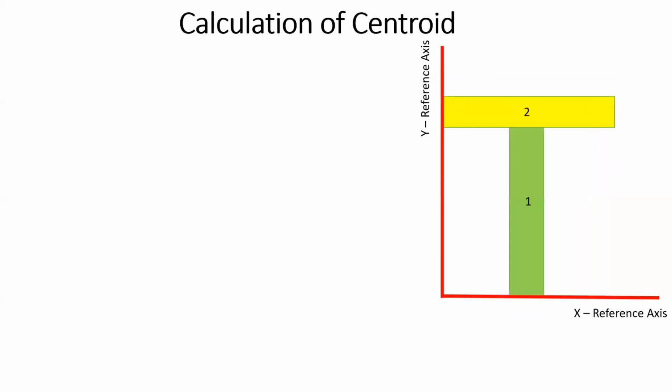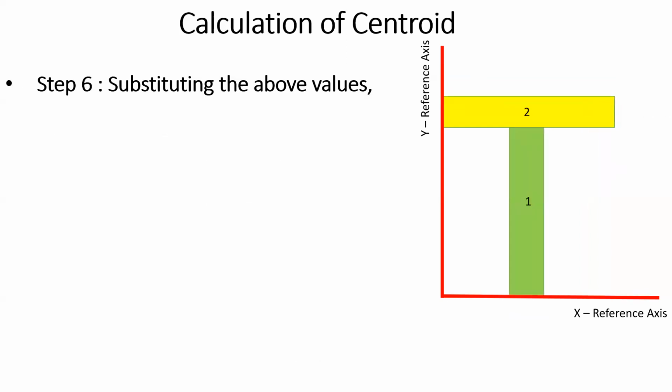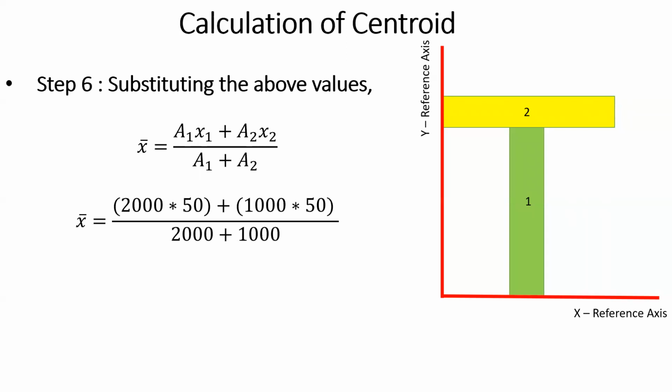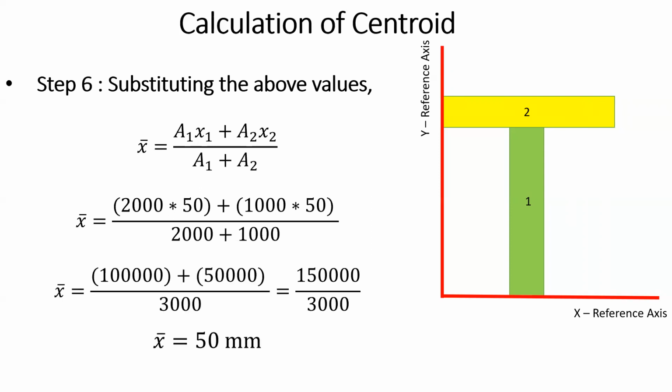After finding all the values, we simply substitute in our x bar and y bar. We know x bar is equal to a1 x1 plus a2 x2 divided by a1 plus a2. Substitute a1 as 2000, x1 as 50, x2 as 50, and the corresponding areas 2000 plus 1000. Upon simplification, you will get x bar as 50 mm.